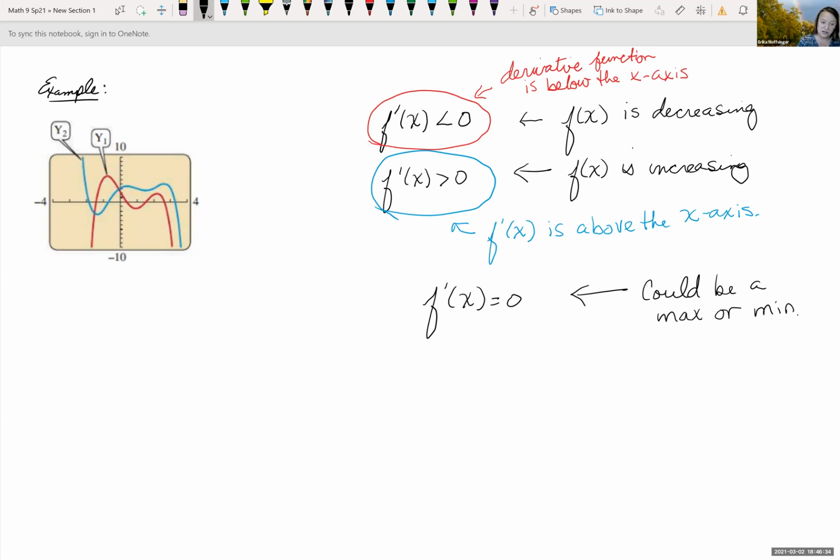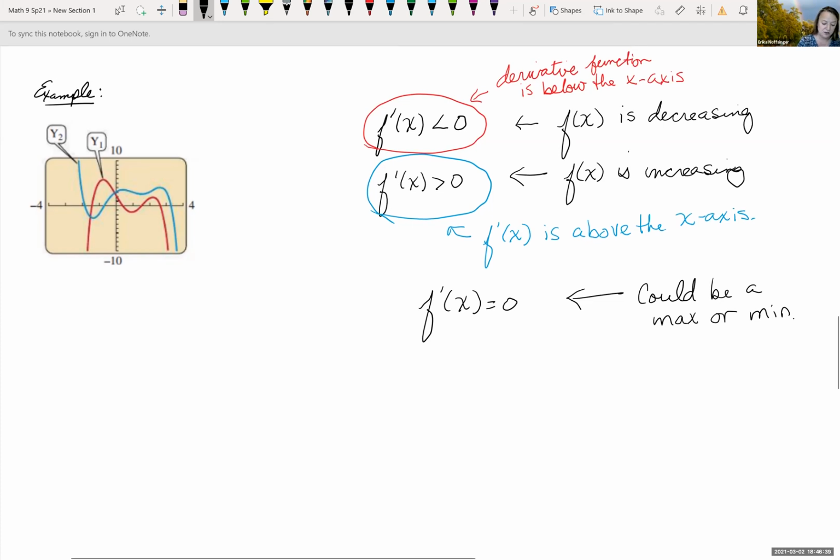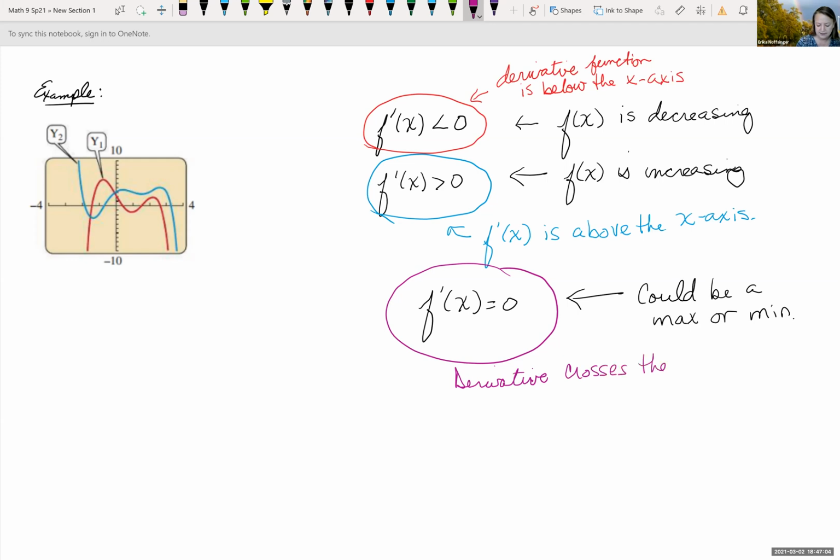And if my derivative is equal to 0, what does that tell me about the graph of the derivative function? Not below the x-axis, but on the x-axis. The derivative function crosses the x-axis there.